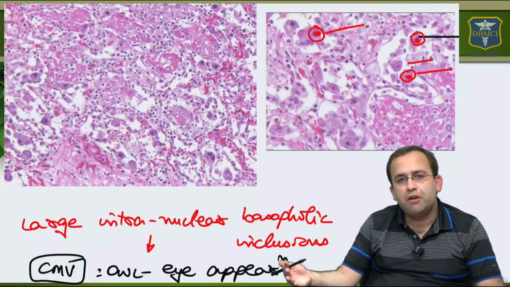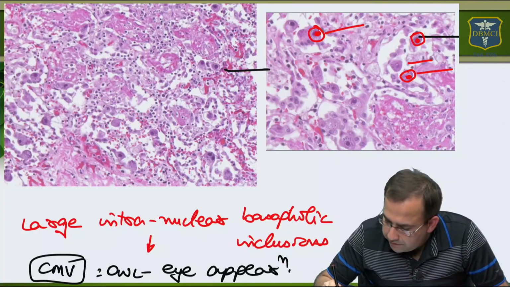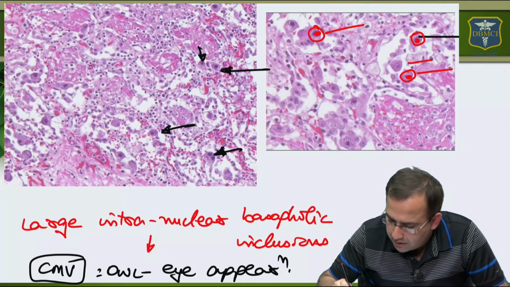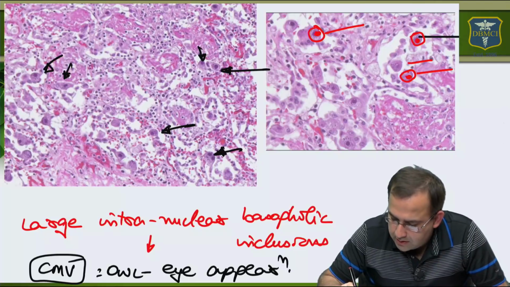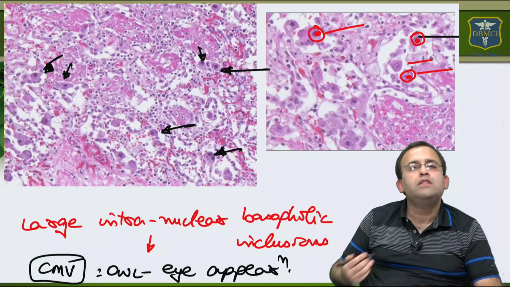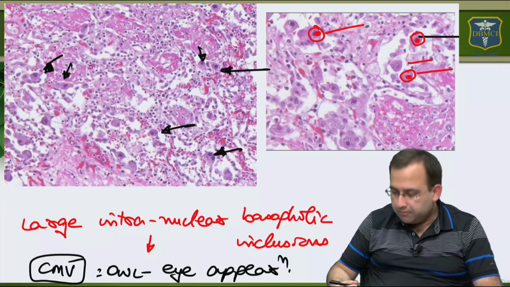Right side was a high power view, 40x, left side is the same intranuclear inclusions in low power, that is 10x. The ones I'm marking with the arrow, all this is the owl-eye appearance associated with CMV, cytomegalovirus.